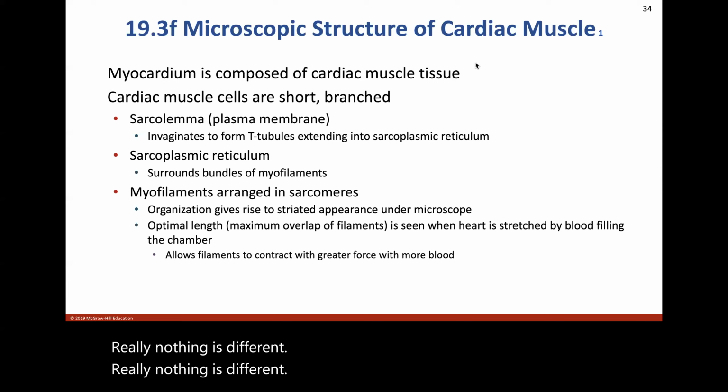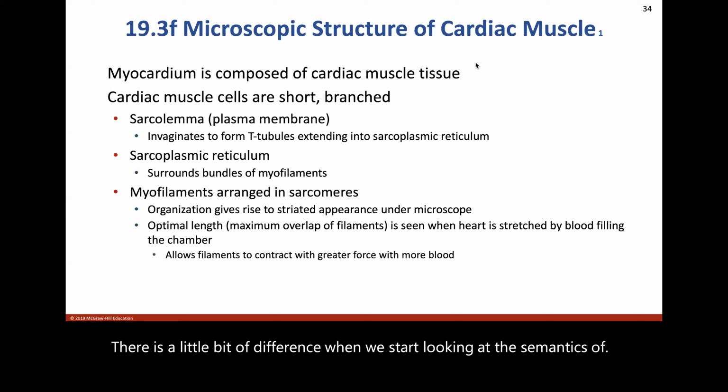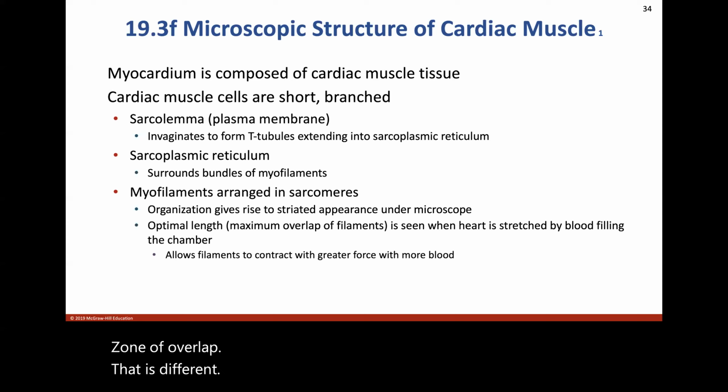There is a little bit of difference when we start looking at the semantics of the zone of overlap. That is different. Skeletal muscle has a much larger zone of overlap when we compare it to cardiac muscles.